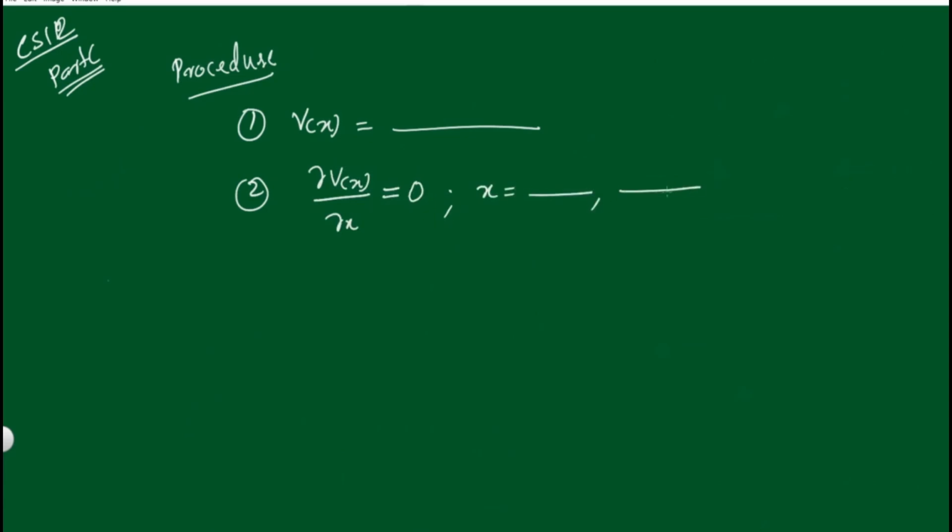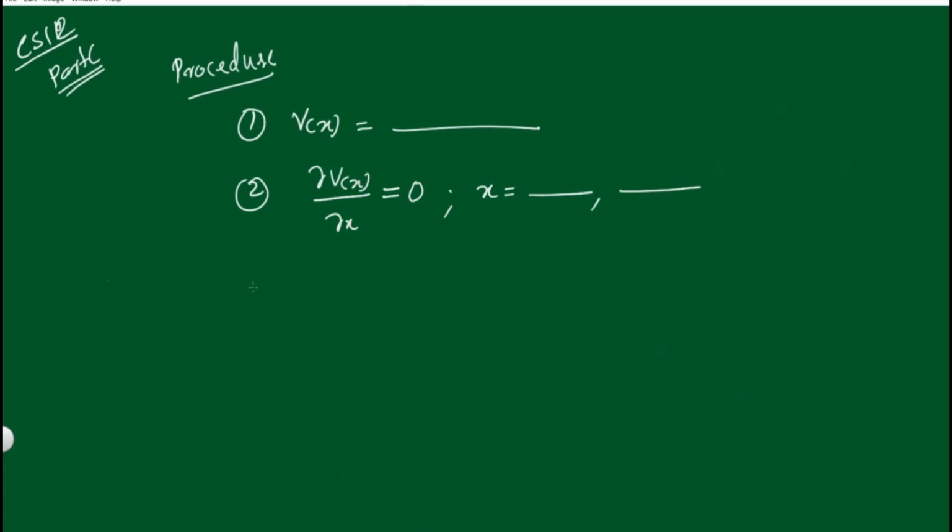Okay, see, the first step in this procedure is you have to write down the given potential in the problem. The second step is you take the derivative dou V of x by dou x of this function and you equate that value to 0. Then you can find the x values, maybe 1 or 2 values will be there.